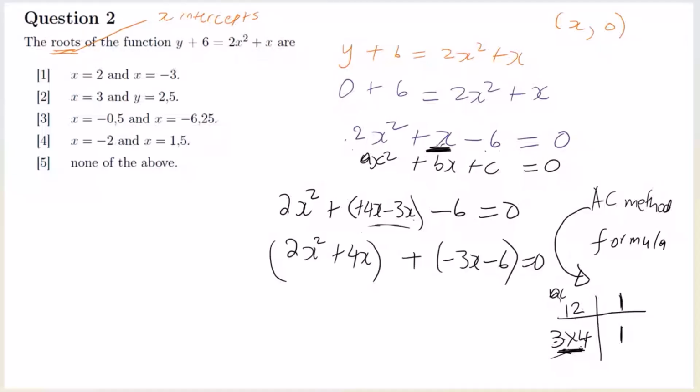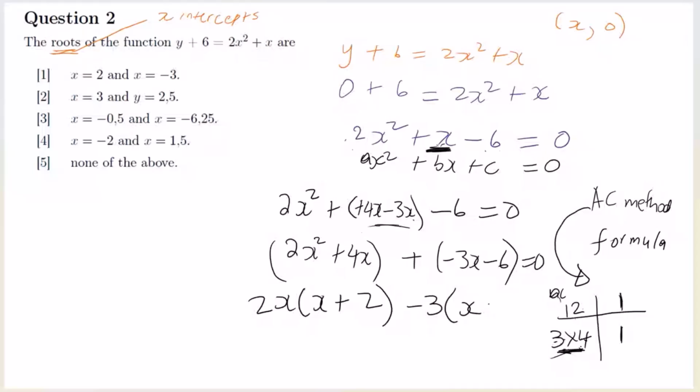Here you can take out 2x, which gives us x plus 2. And then here, if I take out negative 3, I'm going to have x plus 2.